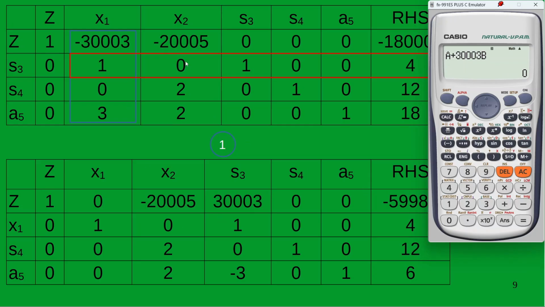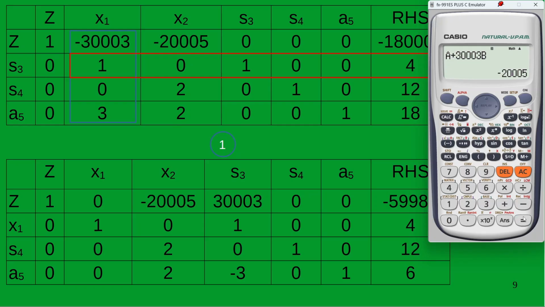Similarly, if we have to repeat the calculations, how simple it gets. Now we again put the value minus 20,005 for the second column, that is the x2 column, and of course 0.